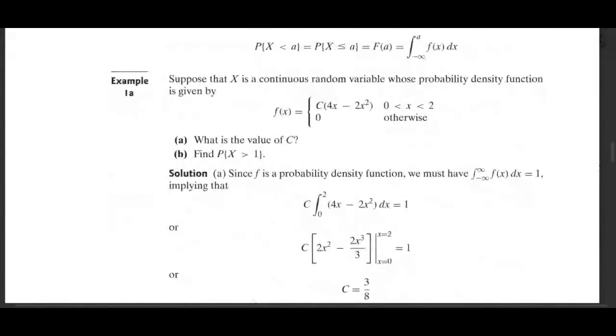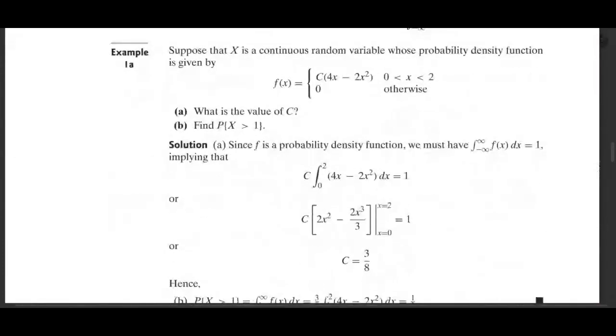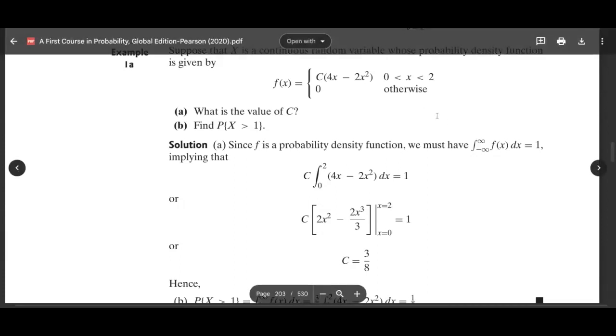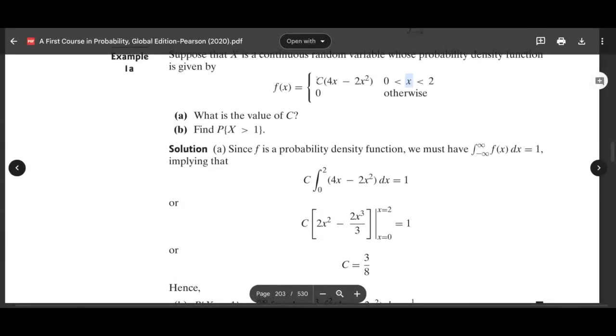Okay, let's see the first example. Suppose the random variable is continuous with the probability density function given like this. If x is between 0 and 2, it acts as this quadratic function, a downward parabola, right?